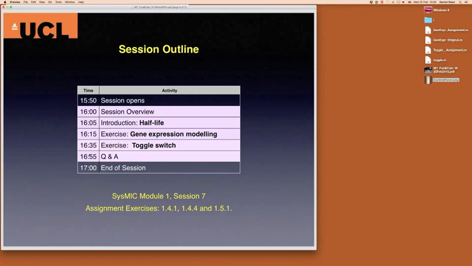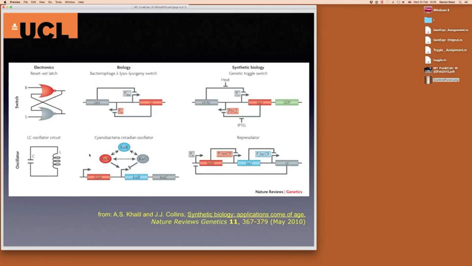And that will bring us, if we have time, I'll do some outlook on what is going to come later on in the module 1. If you have questions, we can take a few minutes to try to answer them, and that will bring us to the end of today's session.